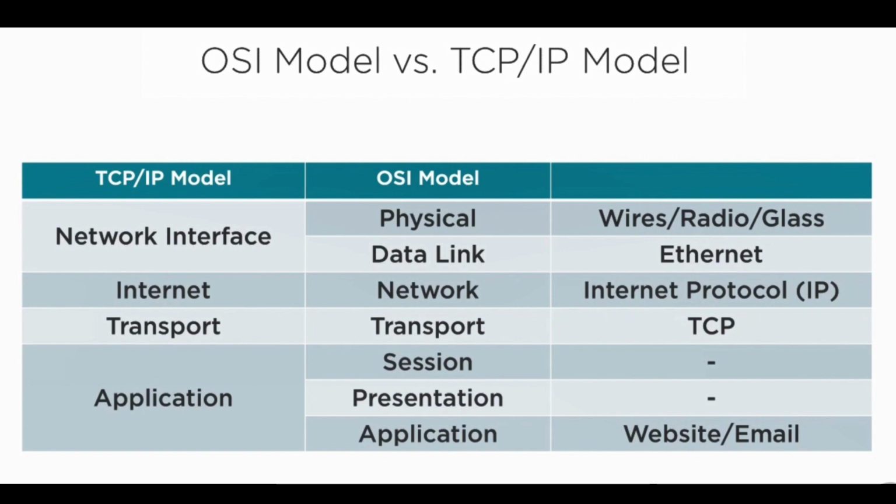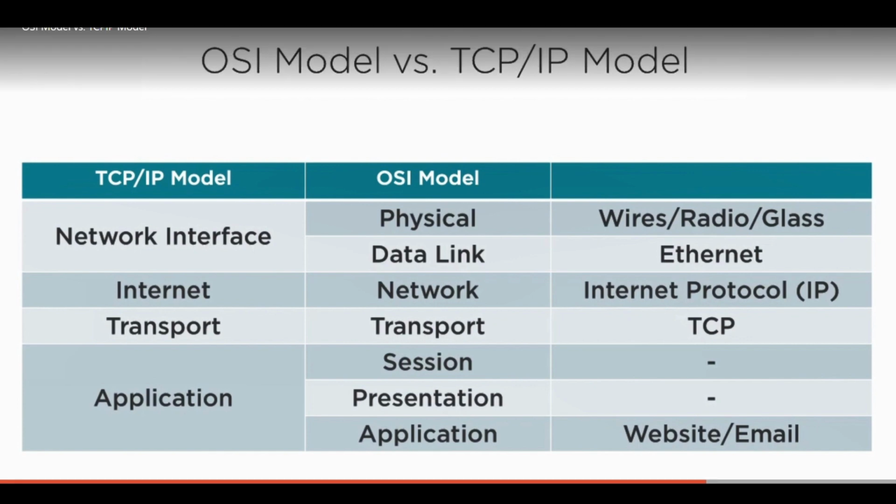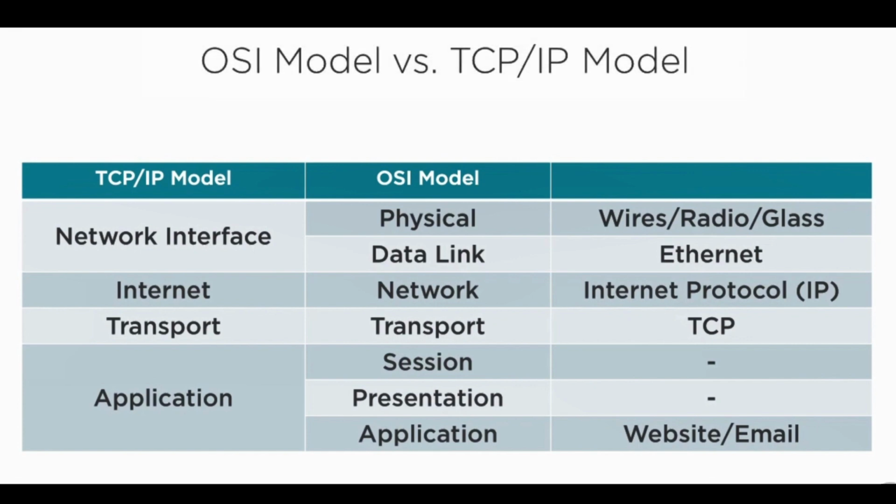So when we do encounter presentation or session layer protocols in data networking, it's typically because those protocols meet the standard that OSI set forth when they wrote the model. So the Citrix ICA protocol makes use of presentation layer features.